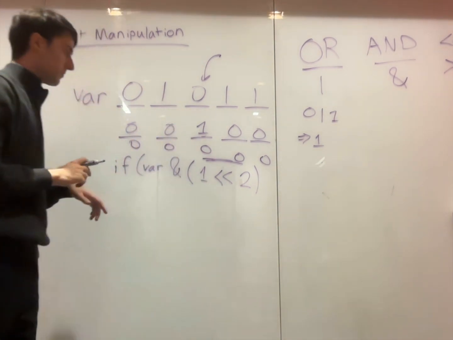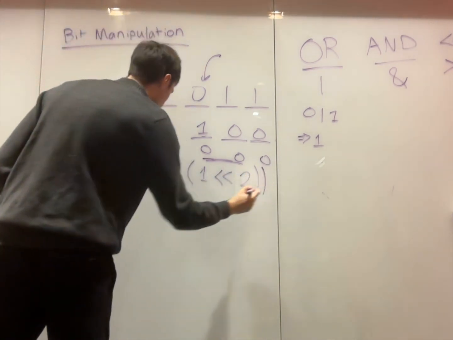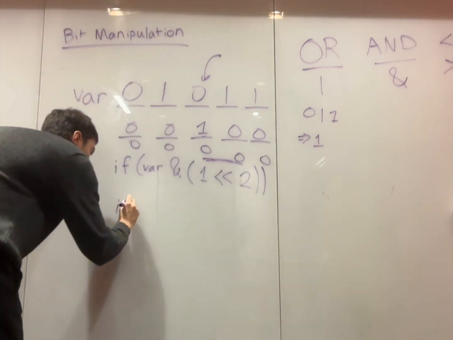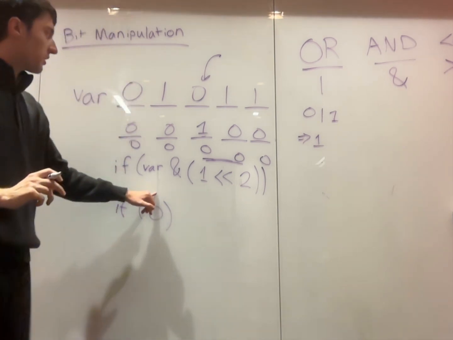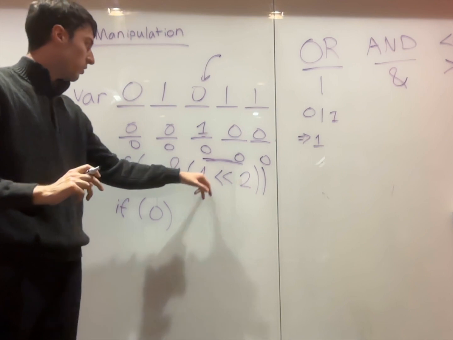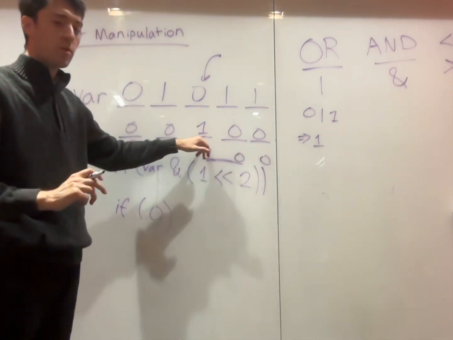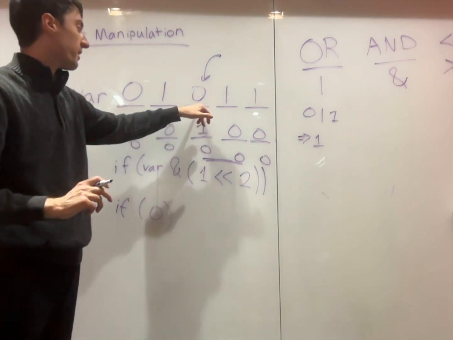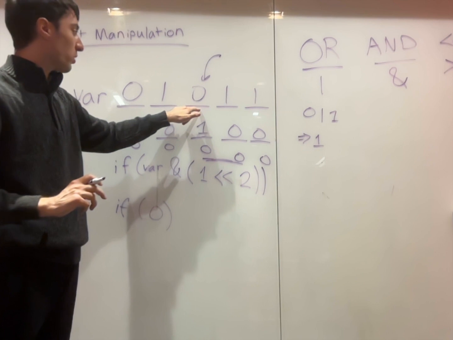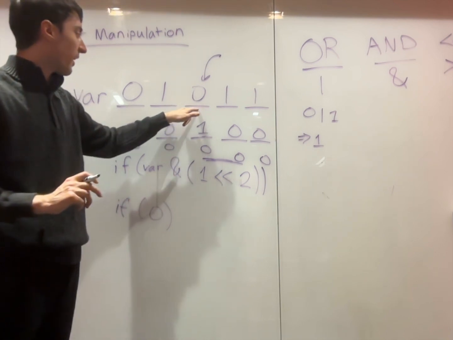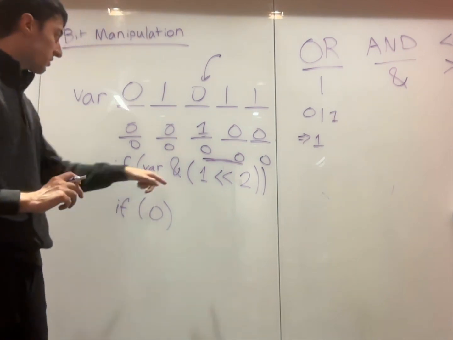So this is going to be if 0. The reason is that we took this 1 and put it at the place we want to access, the place we're curious about, to figure out if it is set or not. And we're able to see that it's not set.